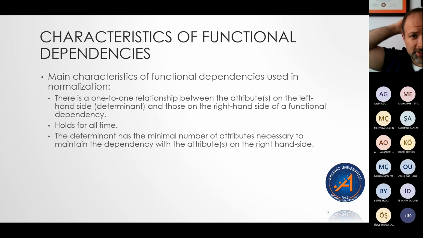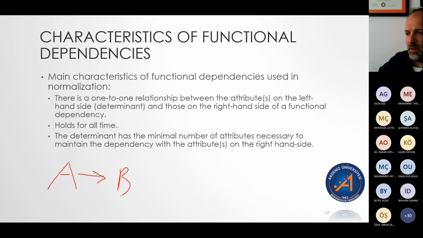So some characteristics that we need to understand. There's a one-to-one relationship, left side to right side. In other words, if we have a functional dependency, A determines B, if I know A, then I must know B. It doesn't have to work the other way.